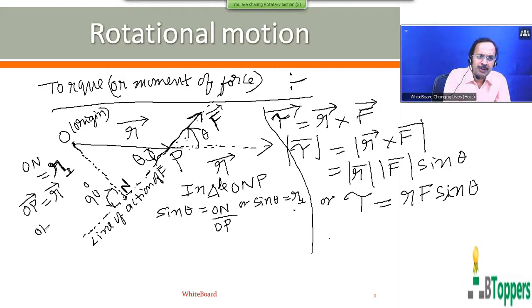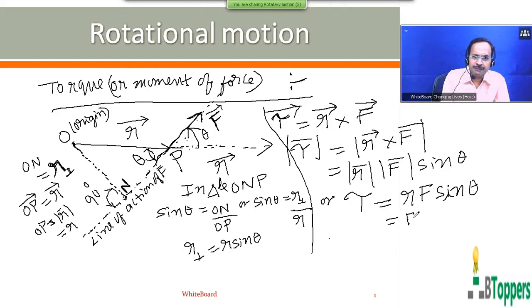The length of the line OP gives you the magnitude of R bar, or you can write R. So sin theta you can write as R perpendicular by R. So R perpendicular you can write as R sin theta. So the magnitude of the torque or moment of the force can also be written as F into R sin theta.